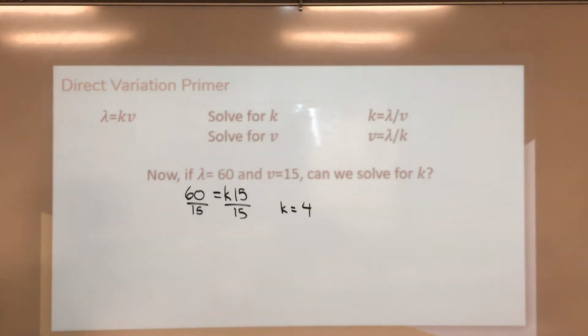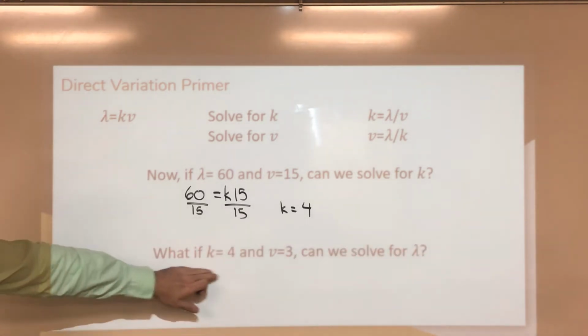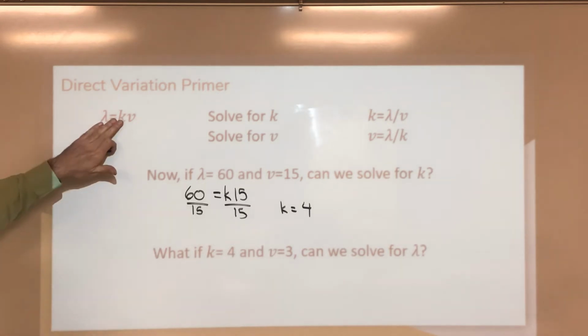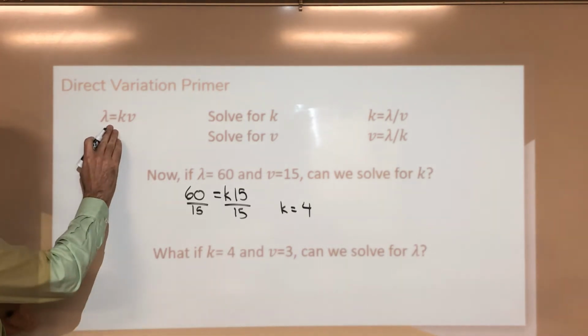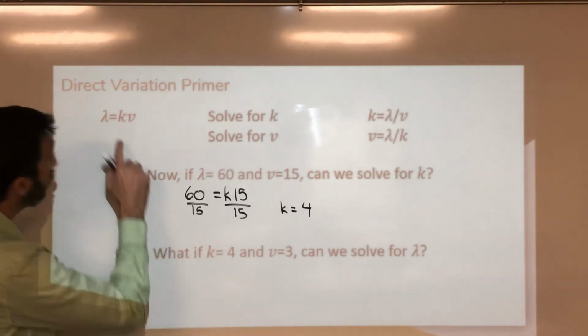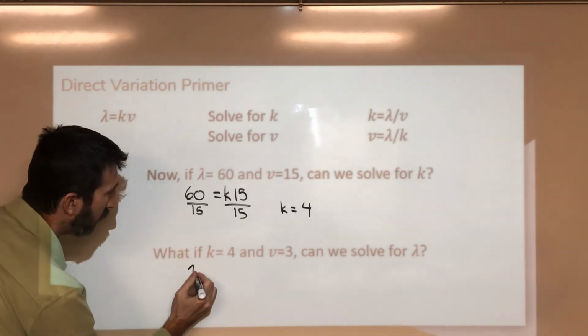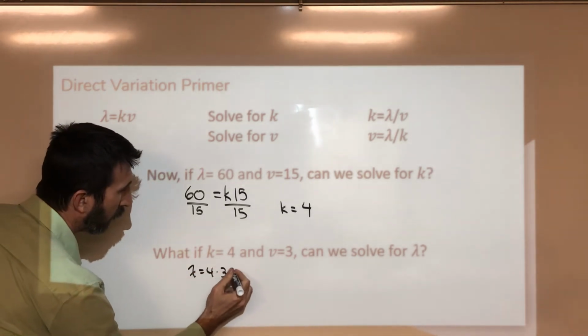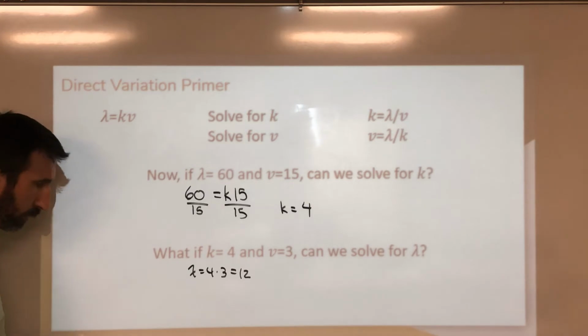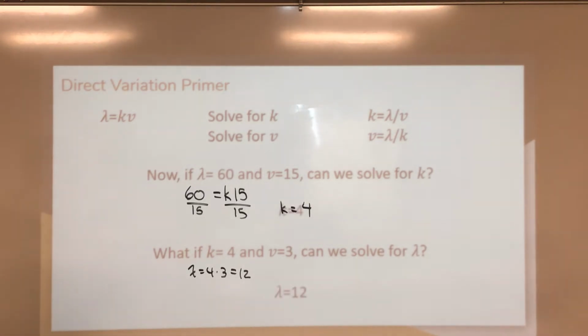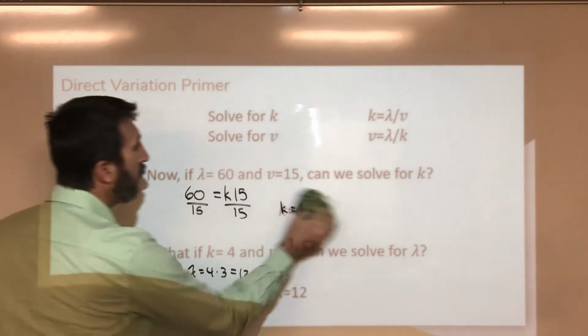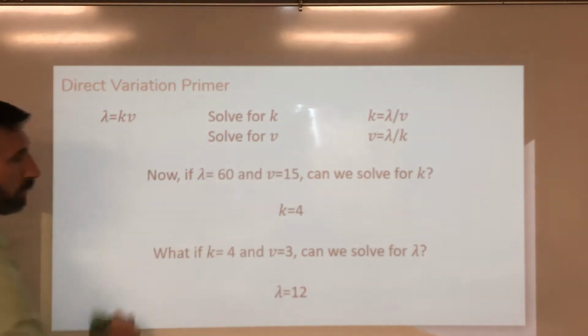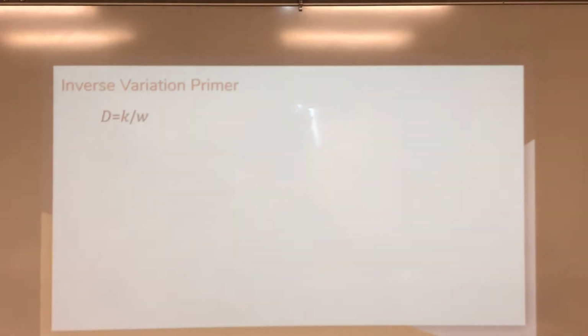Okay. Now, what if k equals 4 and v equals 3? Can we solve for lambda? Now, we're going to want to start here, because we already have lambda equals k times v. So lambda is just going to equal 4 times 3, which equals 12. So k equals 4, and lambda equals 12.